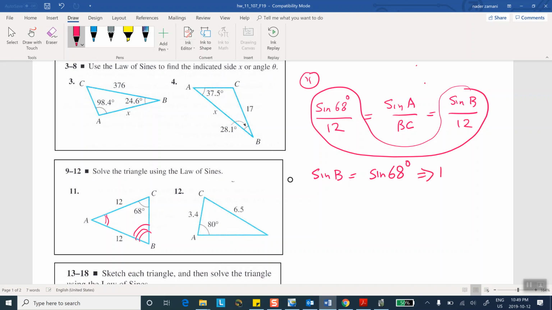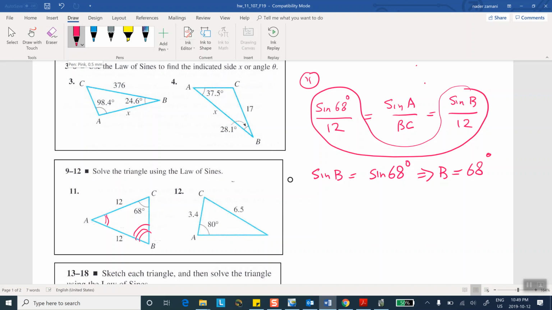That means the angle B is equal to 68 degrees. Now that's not surprising because this is an isosceles triangle. Because this edge AC is 12, such side AB is also 12. And therefore if this angle C is 68, then angle B is also 68.